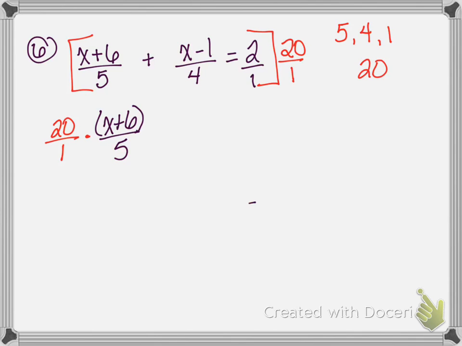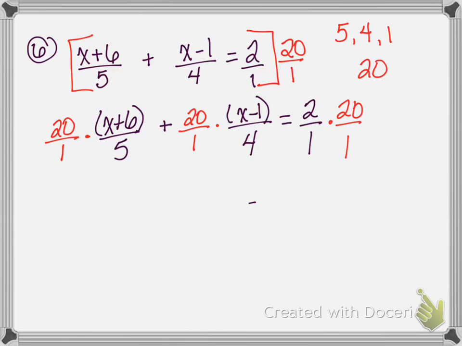Then I've got 20 over 1, and I am multiplying that times x minus 1 over 4. Okay? Then my final term is 2 over 1, and I am multiplying that by 20 over 1.